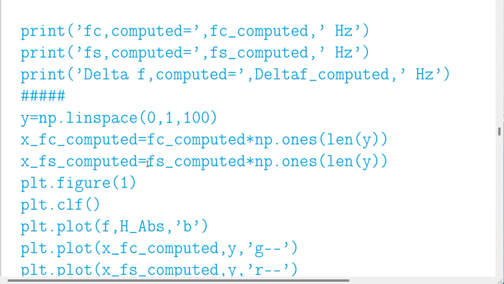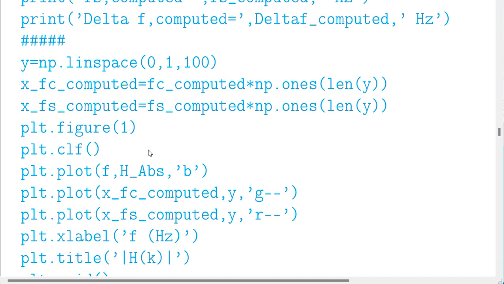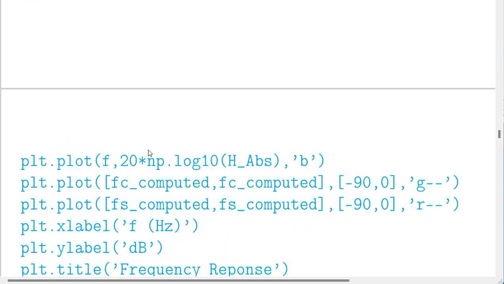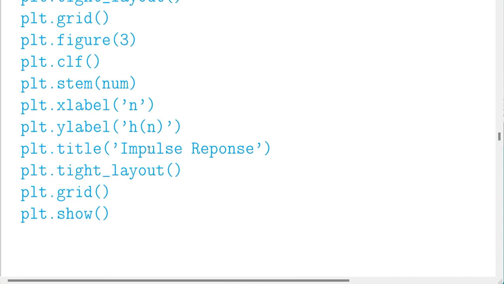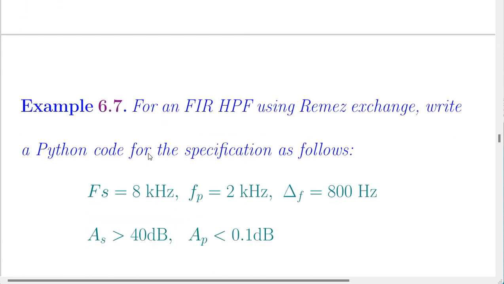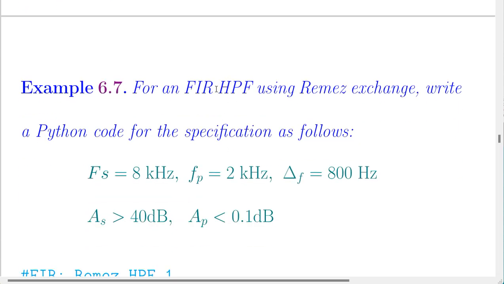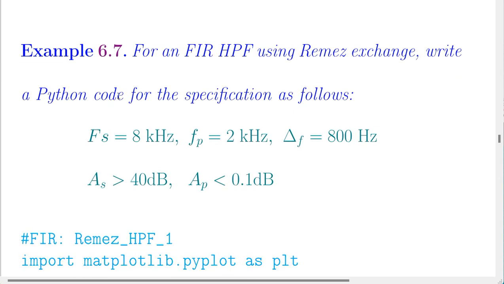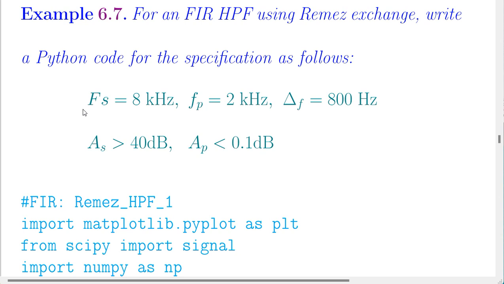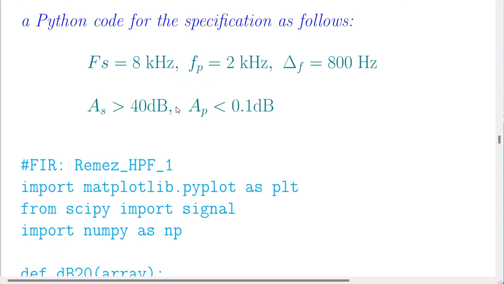Again, similar coding for computing the parameters and plotting. Just fast scrolling. Here we won't run it for high pass because we have no time for recording. You see here, this time fpass has been declared 2 kHz.